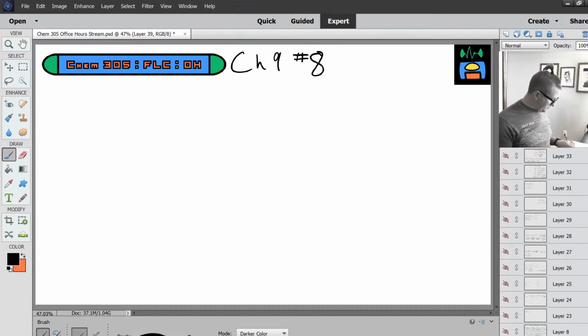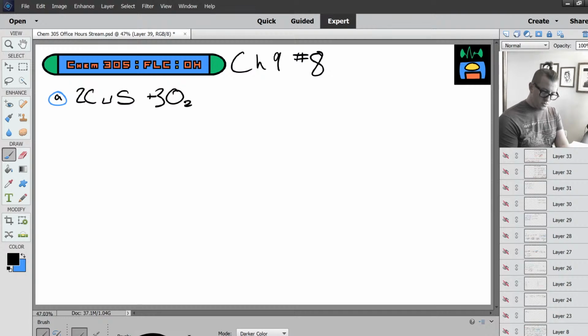All right, so part A. Is CuS plus O2 producing copper 2 oxide plus sulfur dioxide.